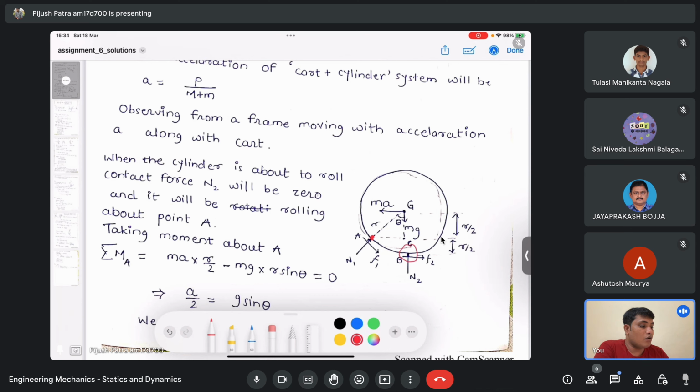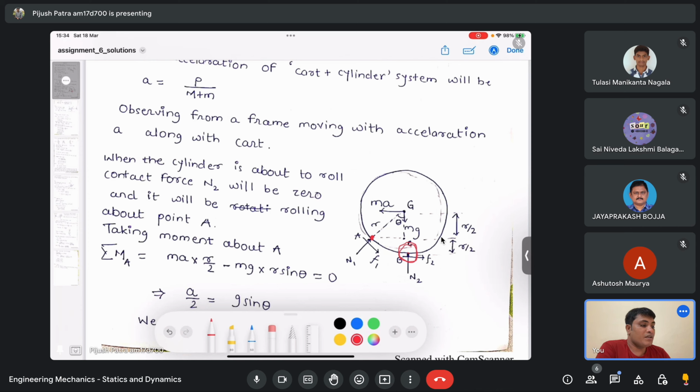When it starts to roll about this point of contact, this point will be detached from the surface of the frame. That means there will be no force experienced in this direction, okay? So this N2 equals 0, and these are the different forces.